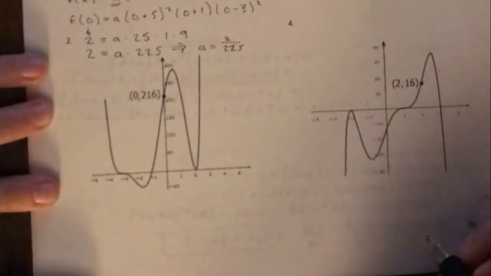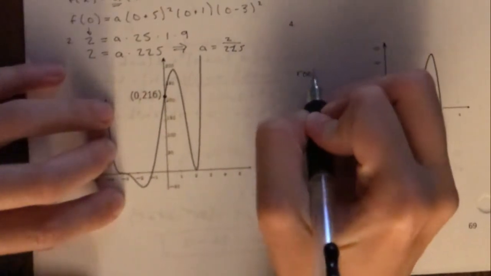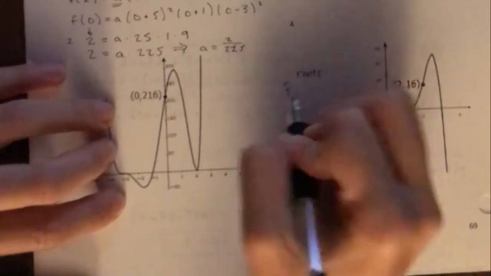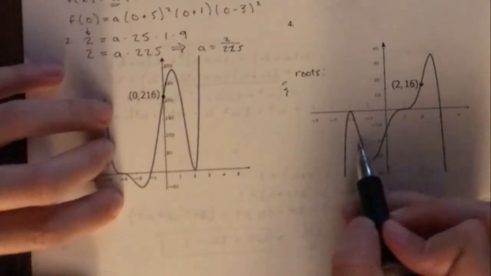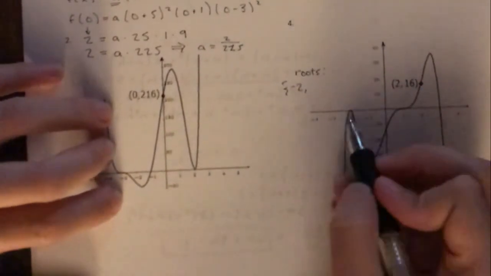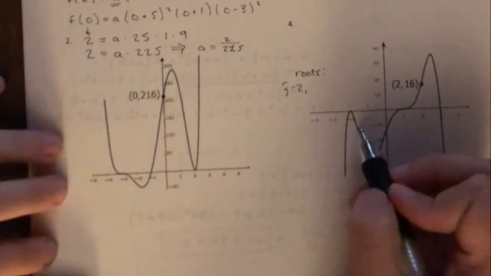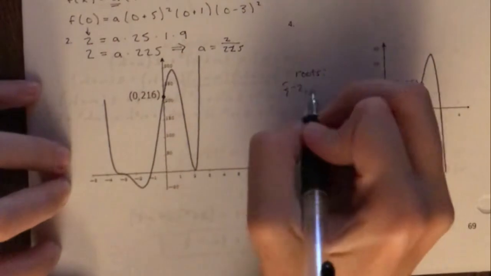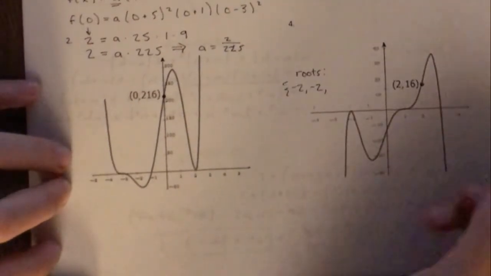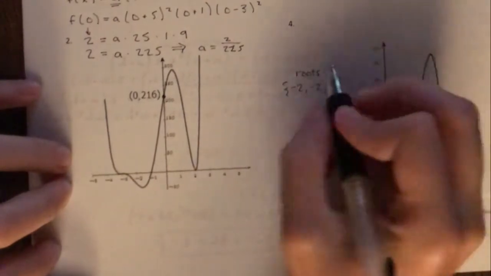All right, let's look at number 4. What are our roots here? Looks like we have -2. How many times does -2 show up? Well, looks like an x squared function, so twice. We continue along, we pass through at 1.